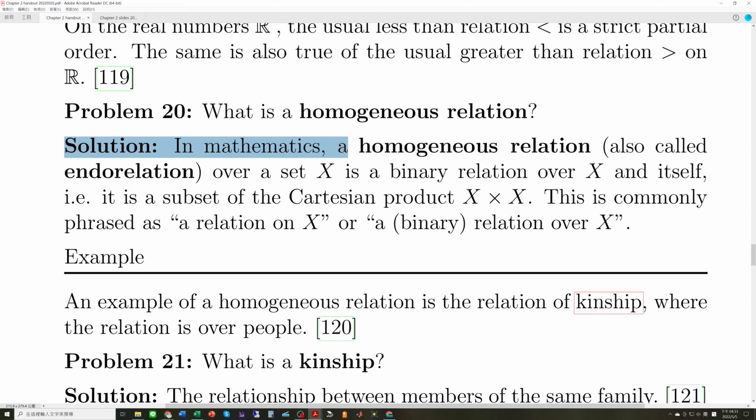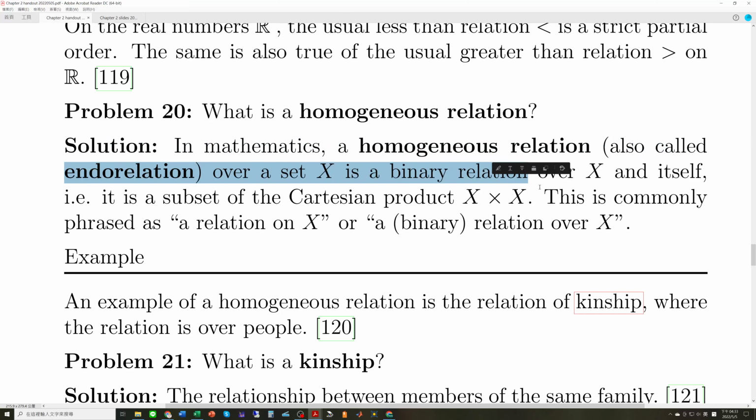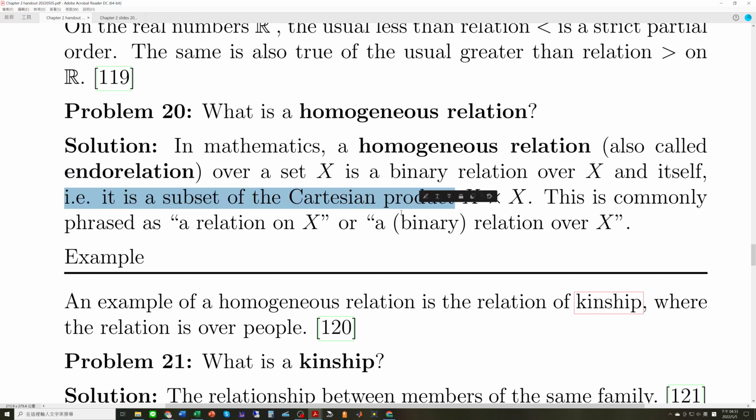In mathematics, a homogeneous relation, also called an endorelation, over a set X is a binary relation over X and itself. That is, it is a subset of the Cartesian product X times X. I have introduced what the Cartesian product is. If you forget, please review the handout of chapter 2 and search for the Cartesian product.